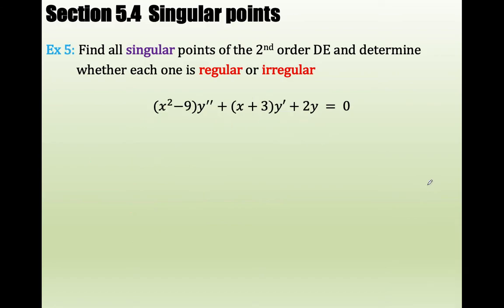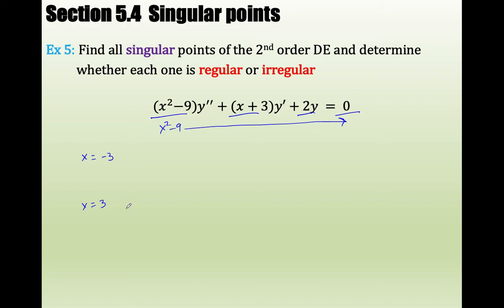All right, check out this one. This one doesn't have a name, so there's no picture with it. But here you are dividing everybody by x squared minus 9. So in this case, my singular points, I have issues at negative 3 and 3.